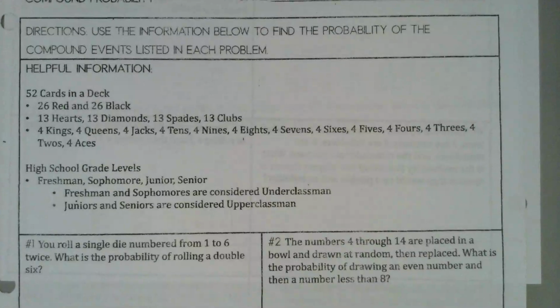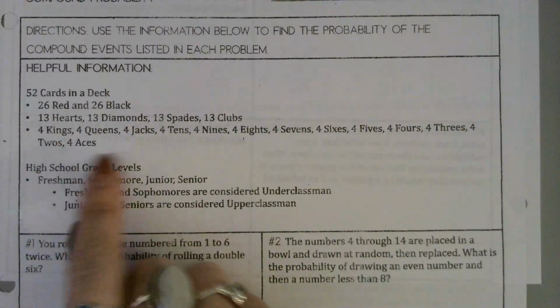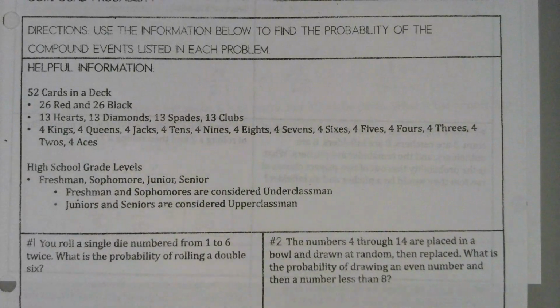Hearts and diamonds are red, spades and clubs are black. Each suit has 13 cards. So 13 of each. And then in the entire deck, there are 4 of each type of card. There's 4 kings, 4 queens, 4 jacks, 4 aces, 4 of each.